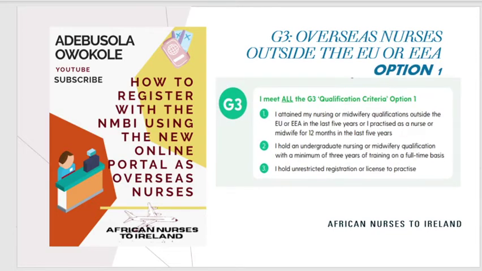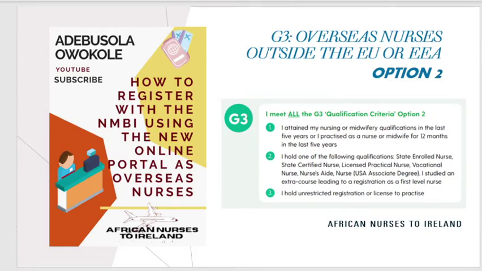So the previous one is option 1 for Group 3 members, and option 2 is that you attained your nursing or midwifery qualification in the last 5 years, or you've practiced as a nurse or midwife for 12 months in the last 5 years.